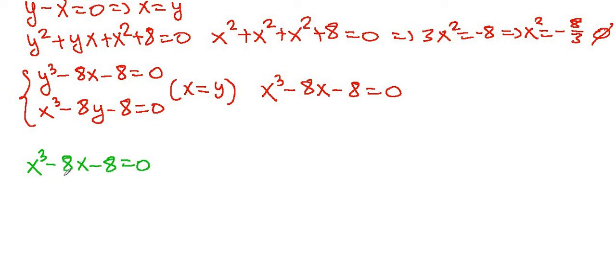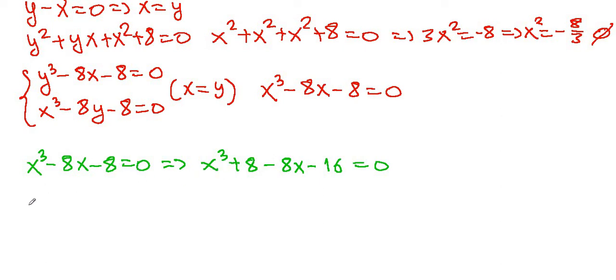So here, as you can see, this is a cubic equation, and there is no specific formula for solving this equation, so therefore we have to try to factor. So how can we factor? Notice that I can express minus 8 as plus 8 and minus 16, so x cubed plus 8 and minus 8x and minus 16 is equal to 0, because 8 minus 16 again gives us minus 8.